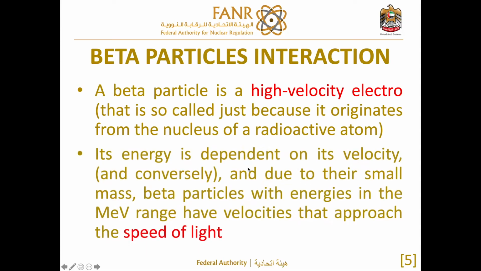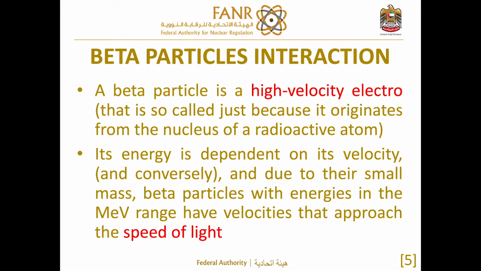This is not the case for beta particles. Beta particles go and interact with electrons which are exactly the same mass, and also same size, same dimensions. The energy of a beta particle depends on its velocity, and the opposite also is true.